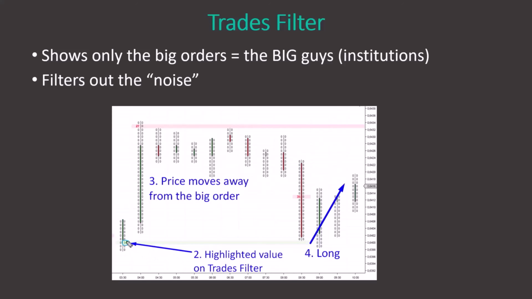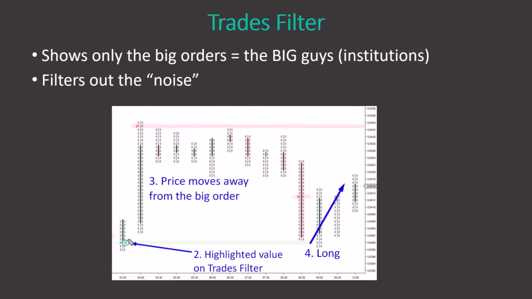So for example, in here it means one single trade, 31 contracts, 31 lots, all right? So you want to see this, and any number will do, but you need to filter out the noise. So you need to be pretty much certain that this is somebody big, all right?